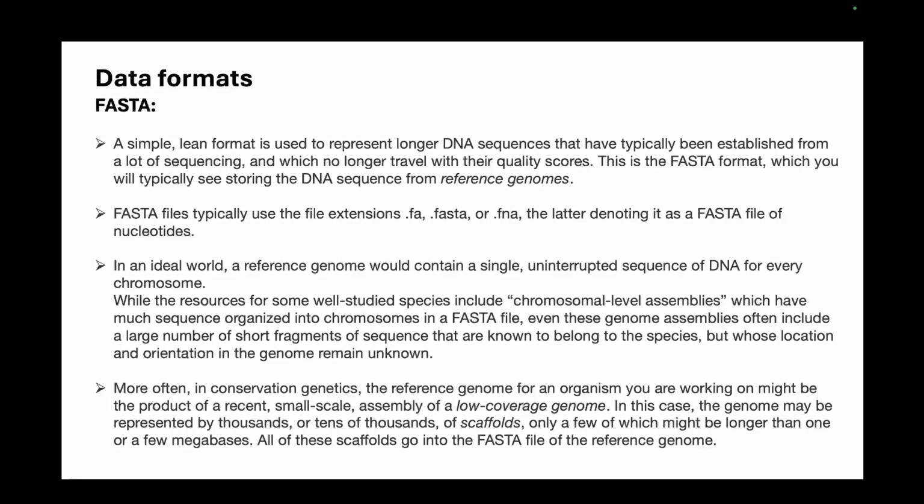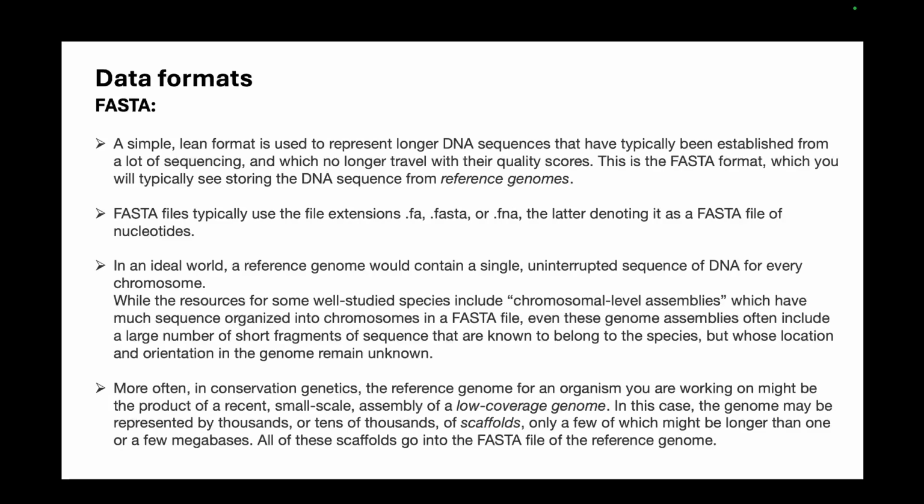In an ideal world, a reference genome would contain a single uninterrupted sequence of DNA for every chromosome. While resources for some well-studied species include chromosomal level assemblies, which have much of the sequence organized into chromosomes in a FASTA file, even these genome assemblies often include a large number of short fragments of sequence that are known to belong to the species, but whose location and orientation in the genome remain unknown.